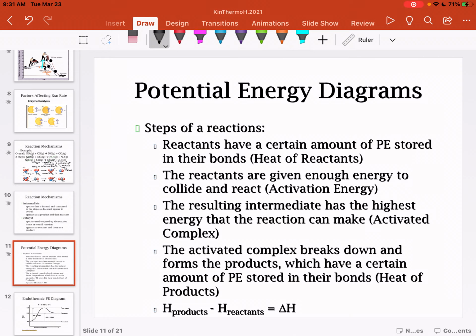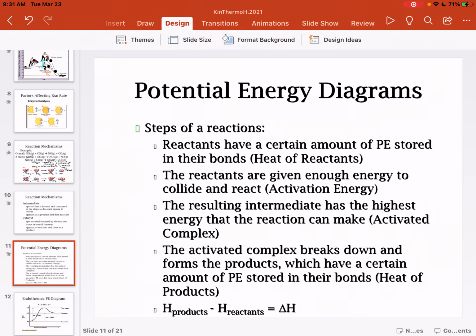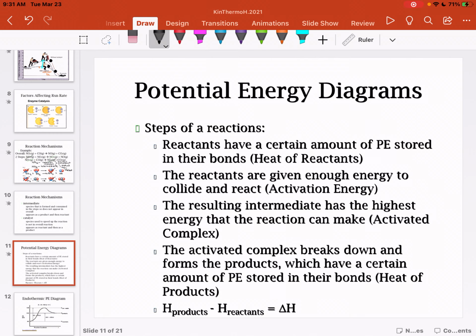In our potential energy diagrams, what we know is if I start off with a set of axes, we know that our x-axis is time or reaction progress, or sometimes it's called reaction coordinate. And we know that we have the reactants at the beginning and we have the products at the end. And that our y-axis is meant to measure potential energy.